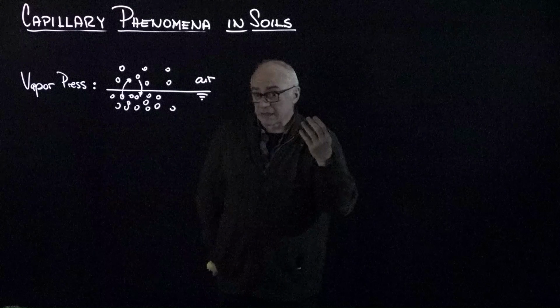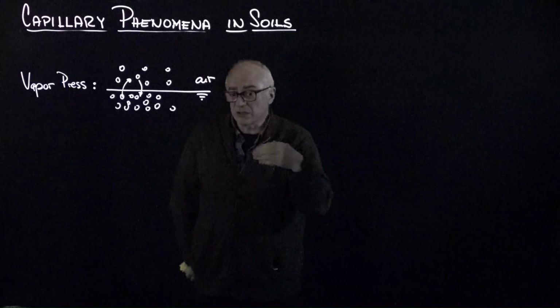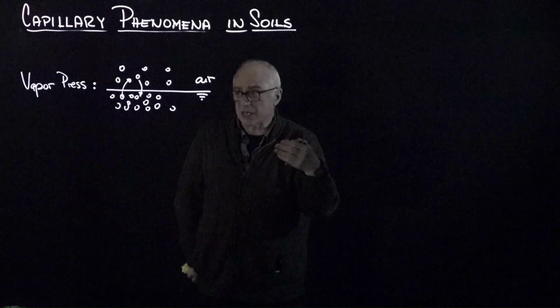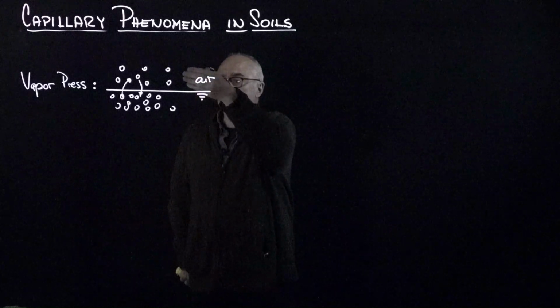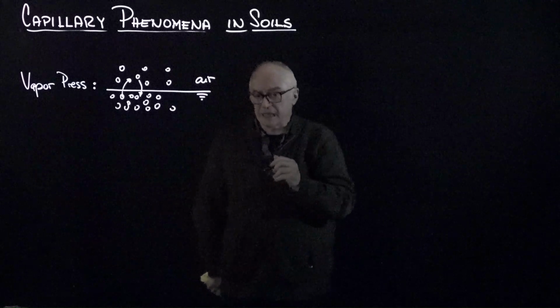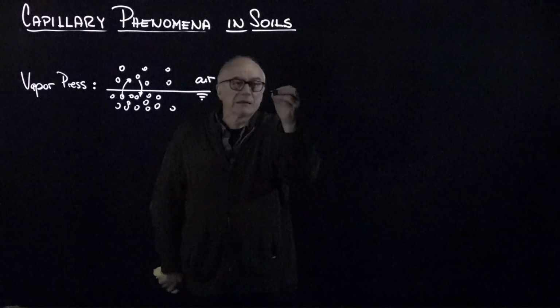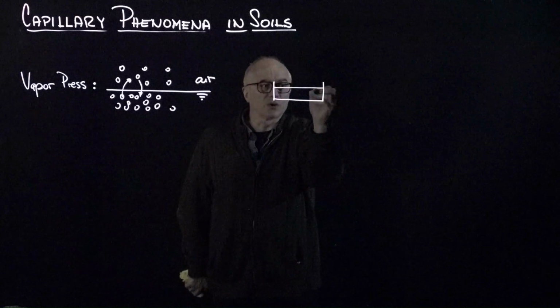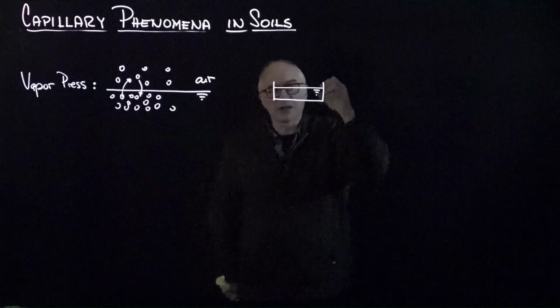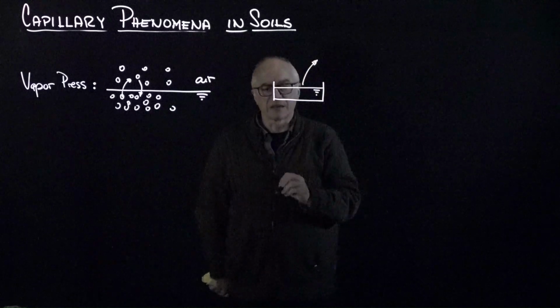Now, there are several immediate consequences of this dynamic situation. One is that air and water are continuously in exchange. And so there are air components that dissolve in water and water that becomes vapor in air. And we could have the following situation: a container with water, and of course, if we wait long enough, it will vaporize.